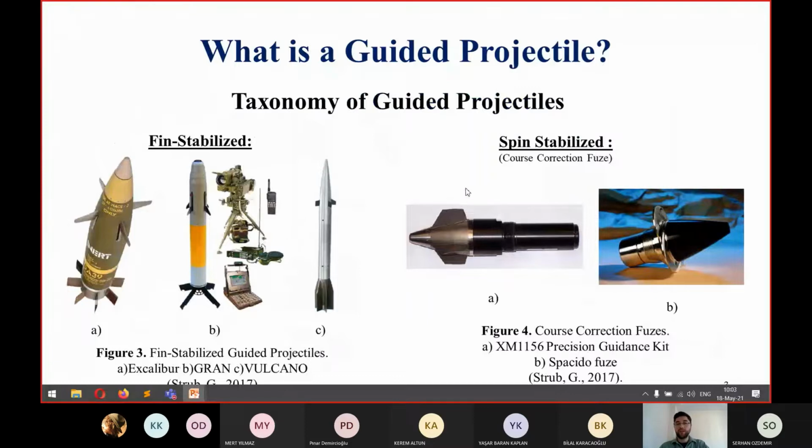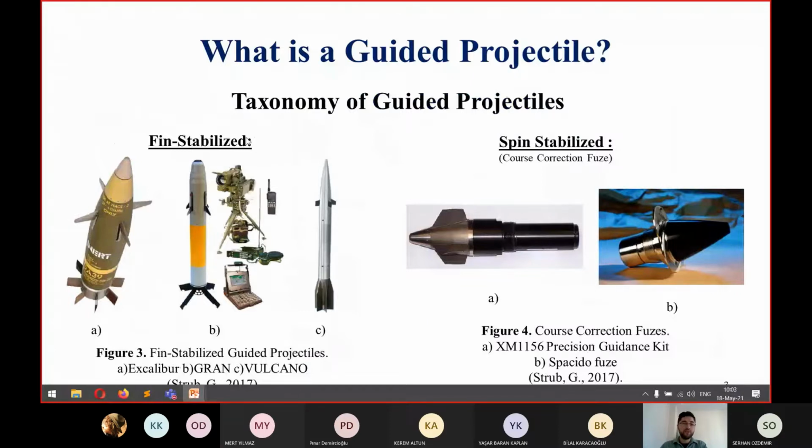On the other hand, the spin-stabilized guided projectiles have smaller control surfaces only at the nose part of the munition, only at the fuse part of the munition. And this part is spin decoupled from the rest of the munition body. And as you guess, there are some advantages and disadvantages of both groups.